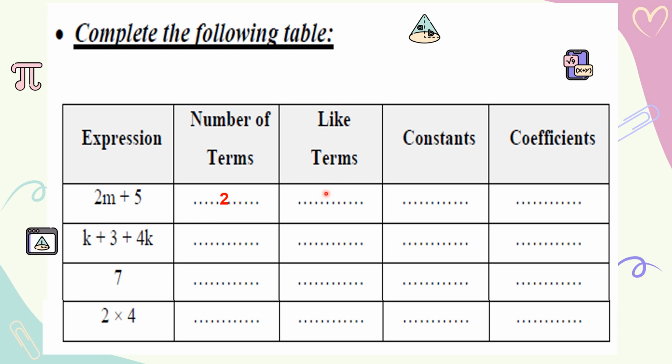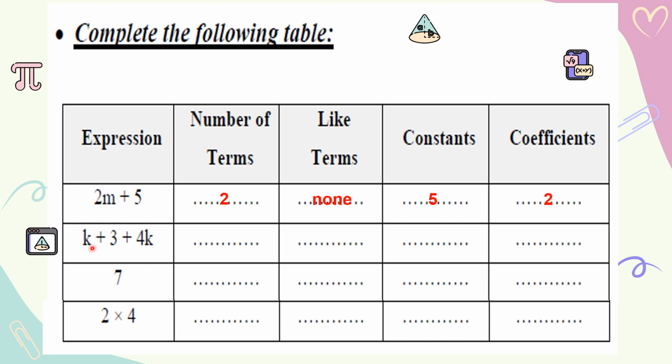Like terms means 2 numbers or 2 like variables. Do we have 2 like variables here? No, so it will be none. What is the constant here? Constant means a number without a variable, which is 5. The coefficient is the number which is multiplied by the variable, which is 2.